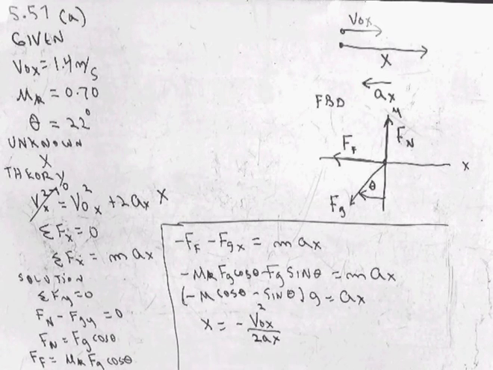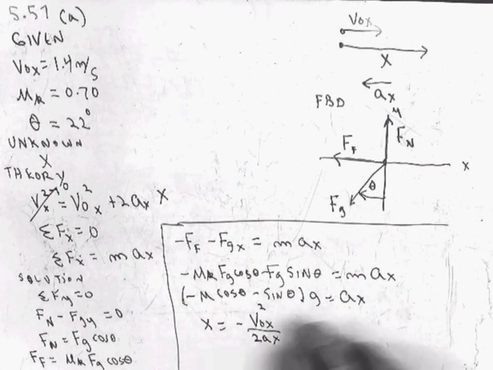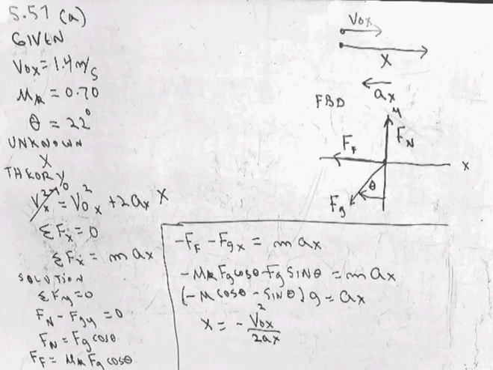And a sub x is going to be a negative number. So if you plug all this in for a sub x, you'll be able to get what x is. I'll leave you with that to solve. So that's basically the a part of the problem. All you have to do is take this a sub x and plug it in there, and you'll get what x is.